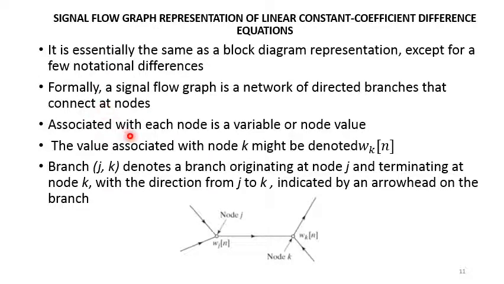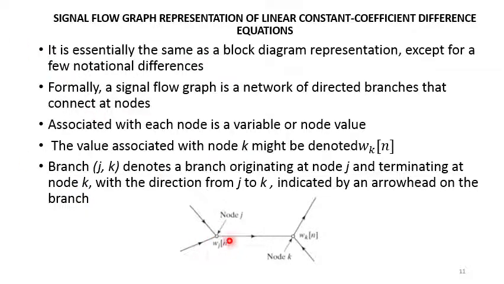Associated with each node is a variable or a node value. The value associated with the node k might be denoted by w_k[n]. The branch jk denotes a branch originating at node j and terminating at node k, with the direction from j to k indicated by the arrowhead on the branch.